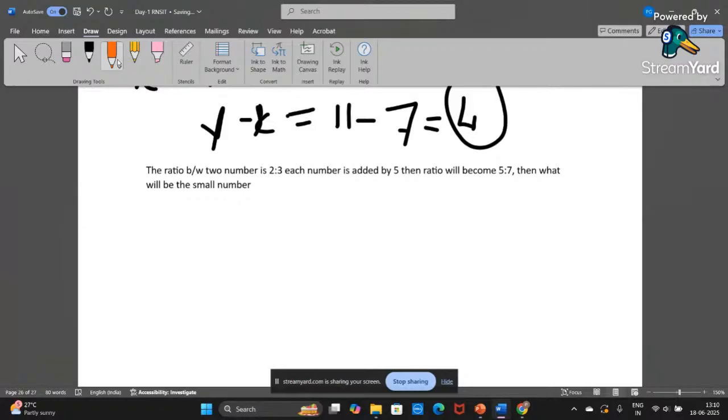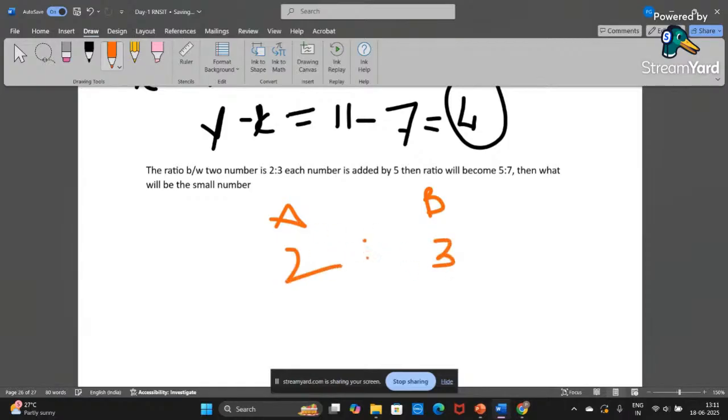How to solve this? How to write this? There are two numbers, A and B. The ratio between two numbers is 2 and 3.